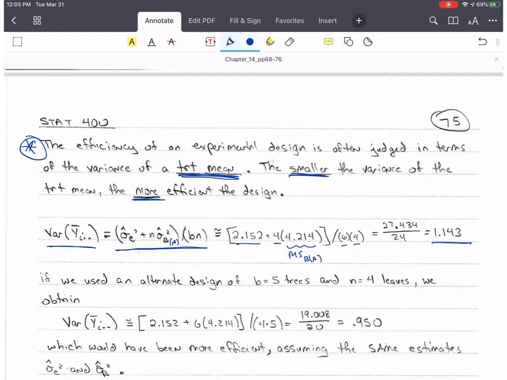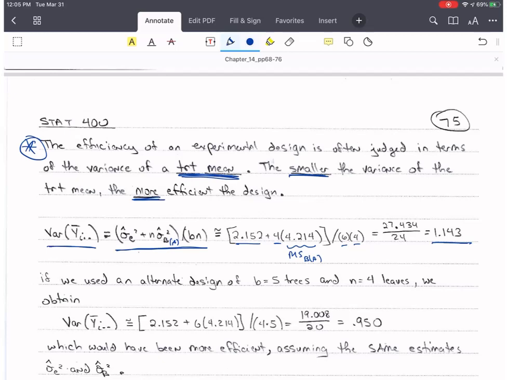Now, if we do this, we may say, well, would it have been better to, instead of using 6 trees and 4 leaves, what if we'd used 4 trees and 6 leaves, what if we'd used 5 trees and then just 4 leaves from each tree? That might be easier for us to do because it's easy to spray the trees.